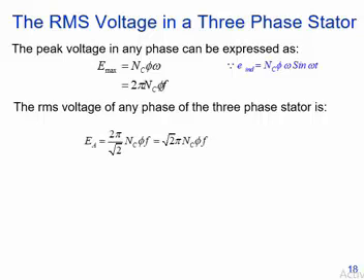By dividing the equation by under root 2, we can find the RMS value of the voltage. And 2π divided by under root 2 gives us under root 2 π, so the equation for the RMS voltage would become √2 π N φ f.